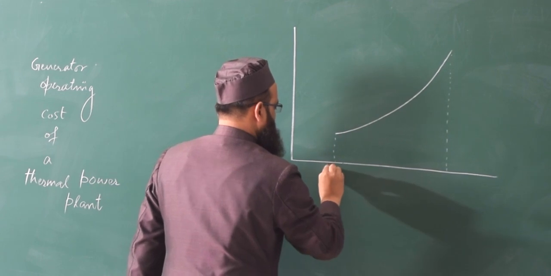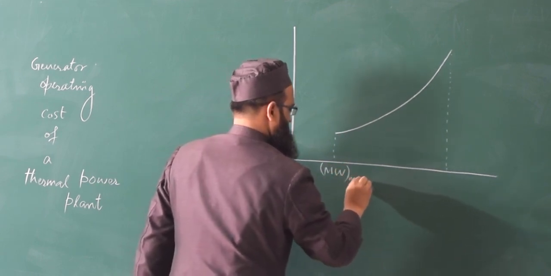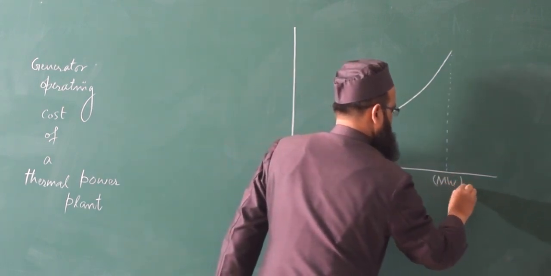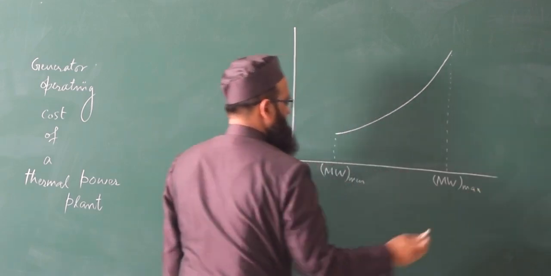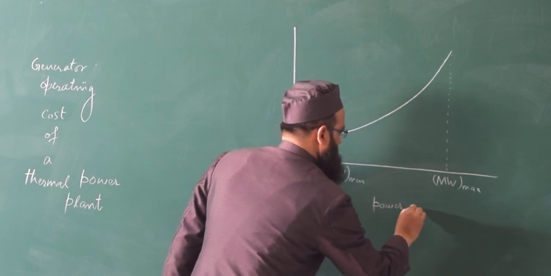Right here, megawatt min, megawatt max. Basically it is power output here on this axis, power output.